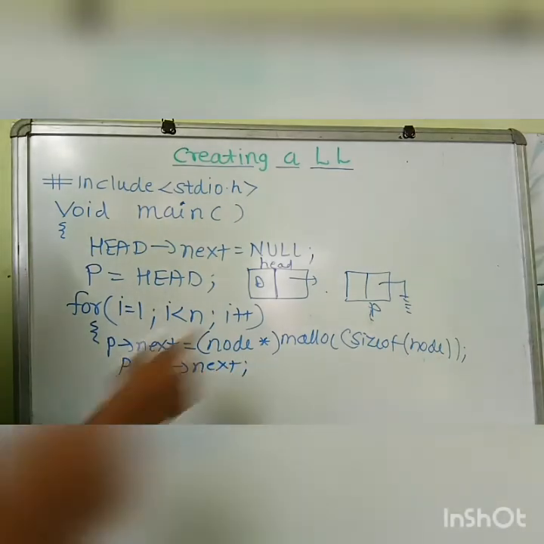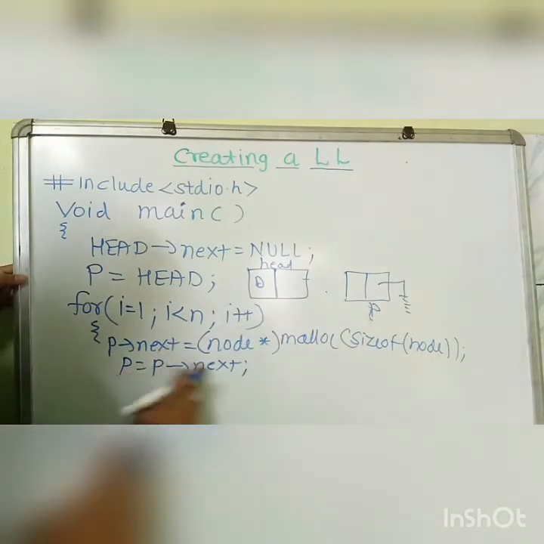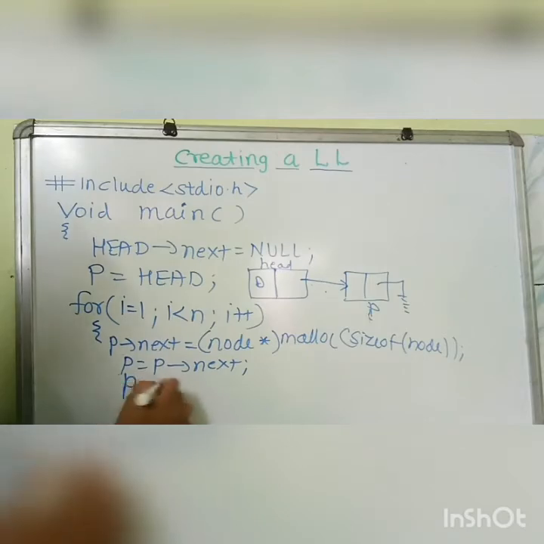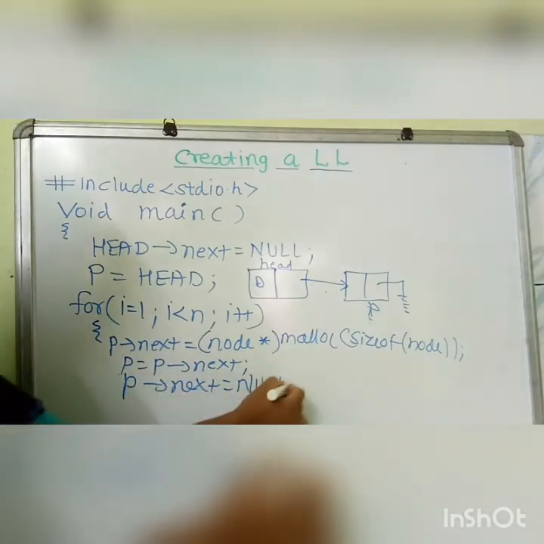Now we have to make the next pointer null. How will it be linked? As we are creating p pointer next, it will automatically connect to this. Then we take p pointer next equals null.